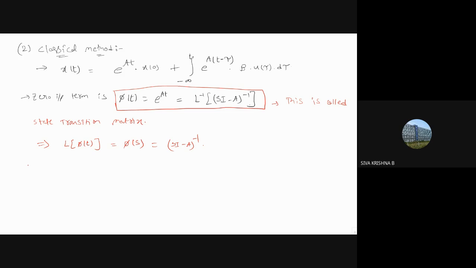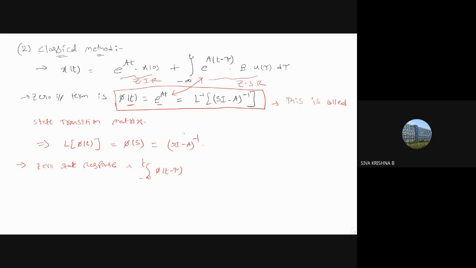Similarly, this is the zero input response and this is the zero state response. If you want to write the zero state response, that is integral from minus infinity to t of phi of (t minus tau), because phi of t is e power At, and t minus tau means e power A into (t minus tau).